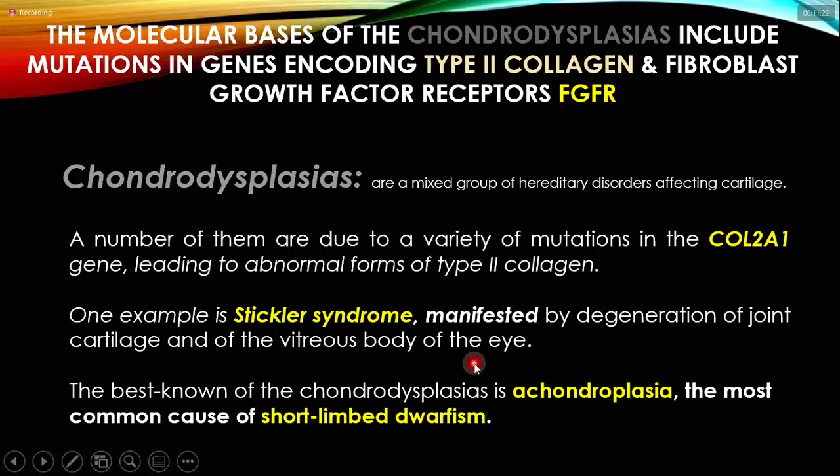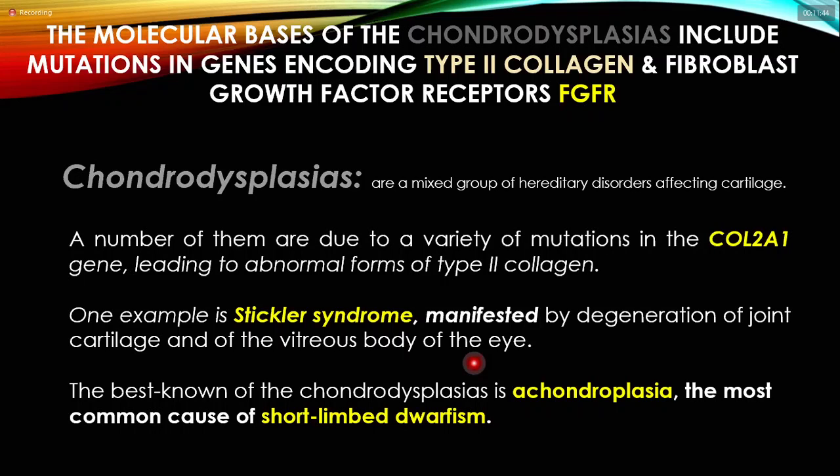So this kind of disorder is going to affect the joints in general, as well as what's called the vitreous body of the eye, which is the inner cavity or the inner lining of the eye cavity. That can be affected by this kind of disorder if we have a mutation in collagen type 2A1.